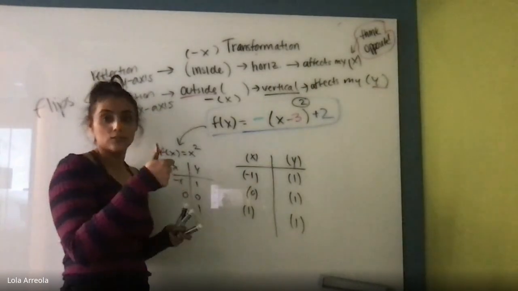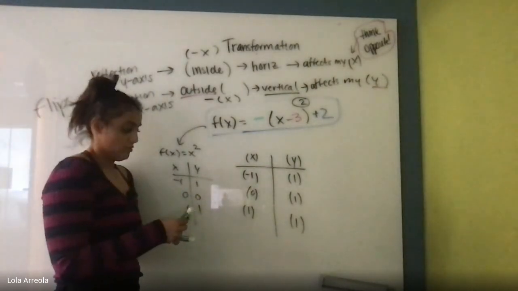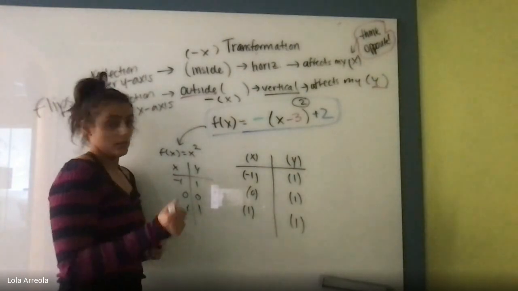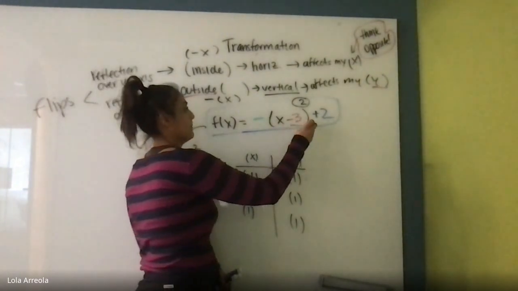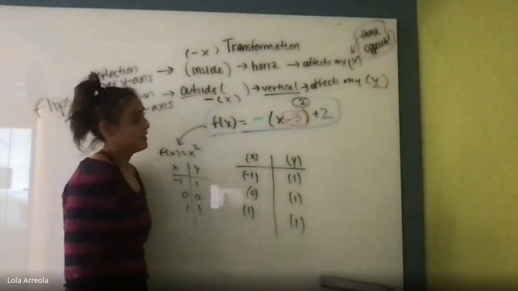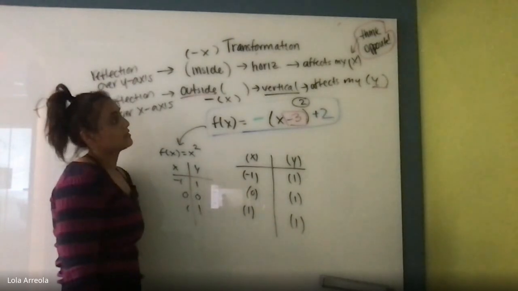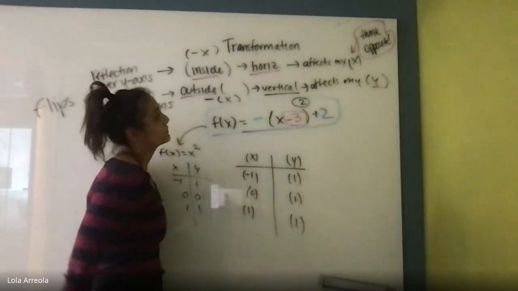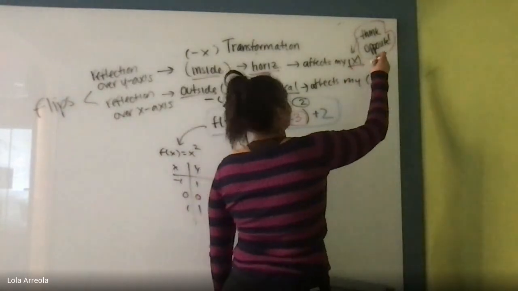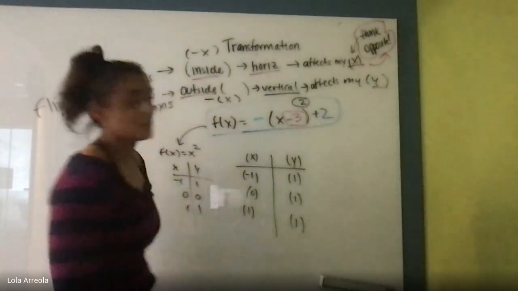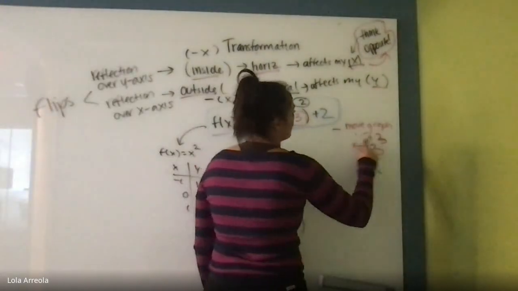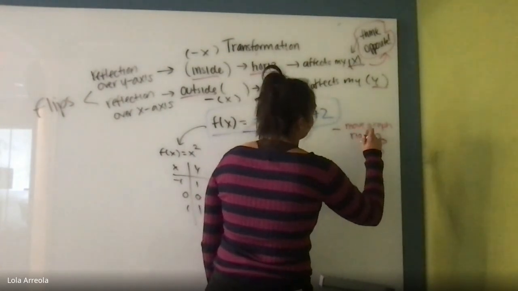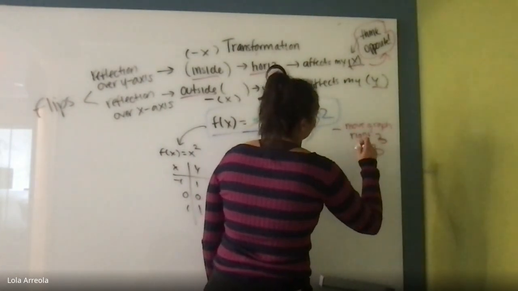So the first thing I look out for is a horizontal shift. Do I have anything happening inside parentheses? Yes, this is the only case right here. What's it saying? -3. Okay, it's inside parentheses. It's horizontal. That means it affects my x, and ooh, I have to think opposite. -3 means right 3.